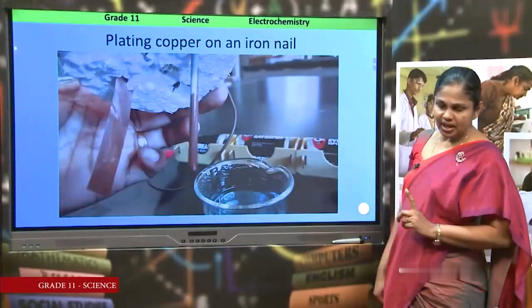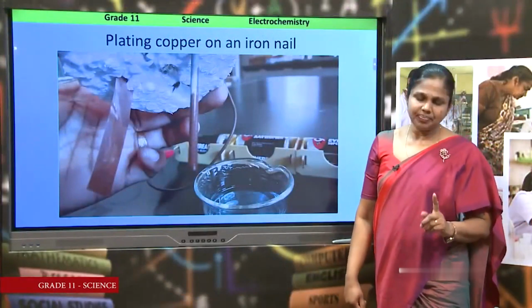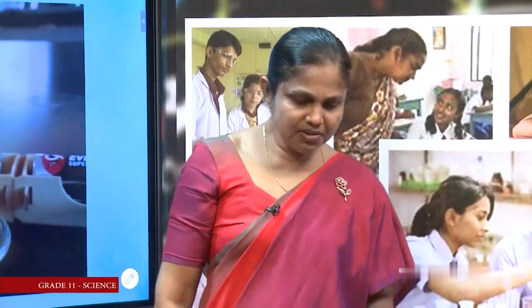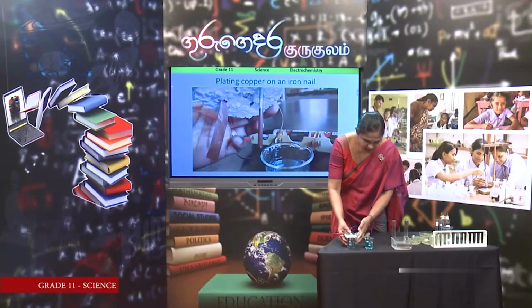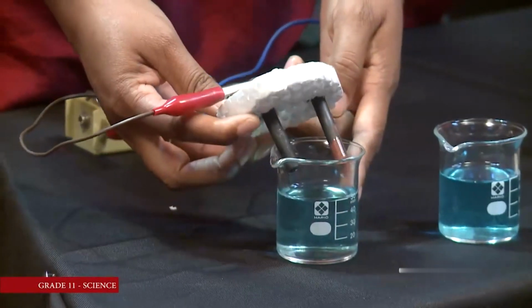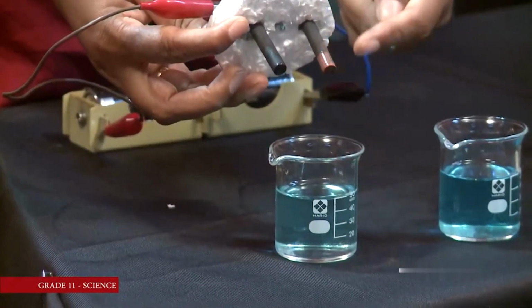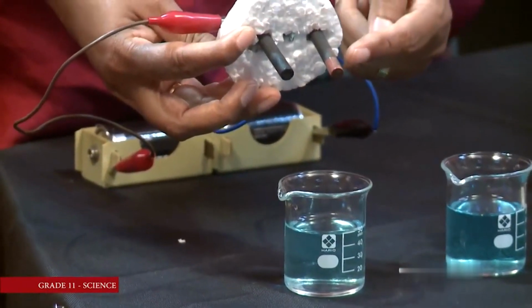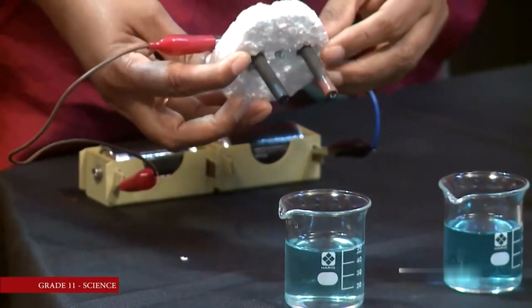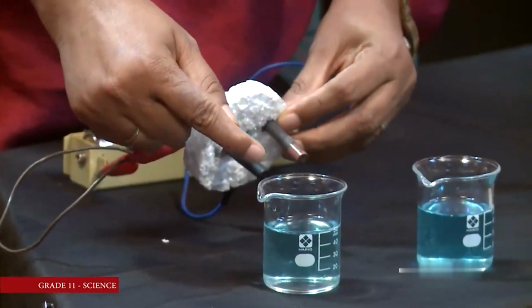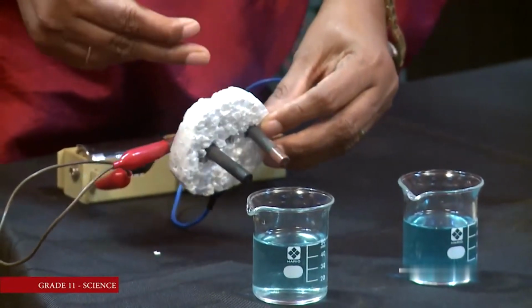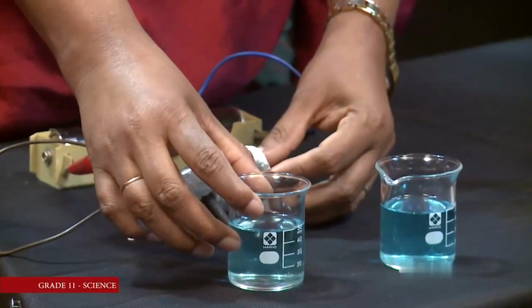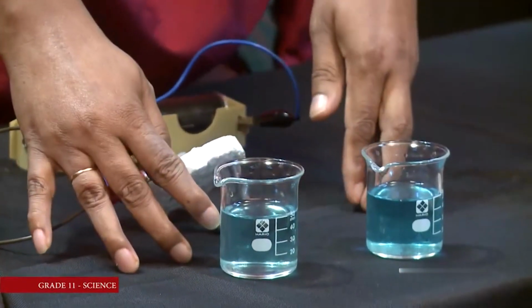Right, okay. Children, now come back to the activity we did. Here, see, I used this copper sulfate solution for plating and now the copper has plated on this carbon rod. While plating, as copper ions in the solution are used and removed from the solution, the blue color of the solution decreases.